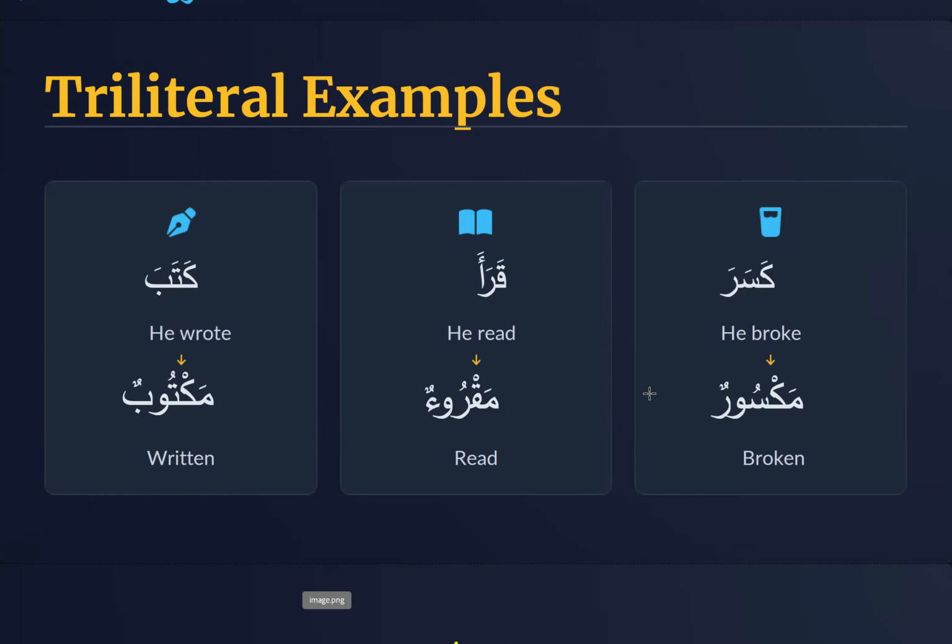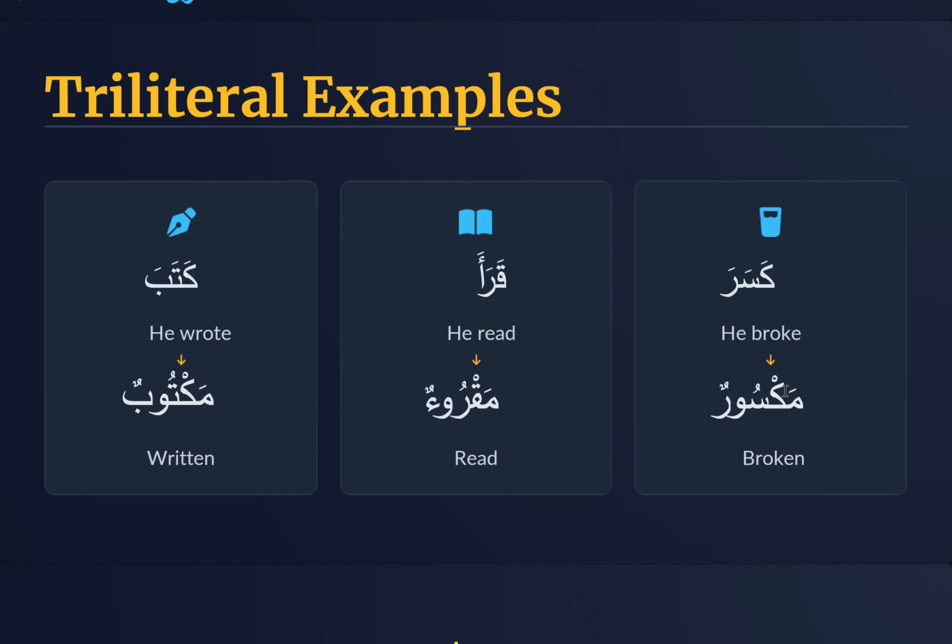So as examples, we have the verb kasara, which means to break. He broke. When you make it into the maf'ul format, it will become maksur. So what we've done here is add the ma at the beginning and put waw at the end.